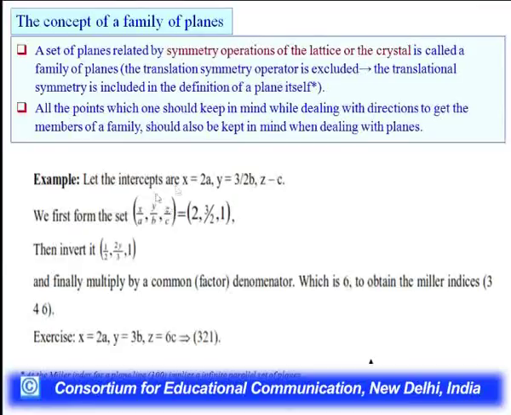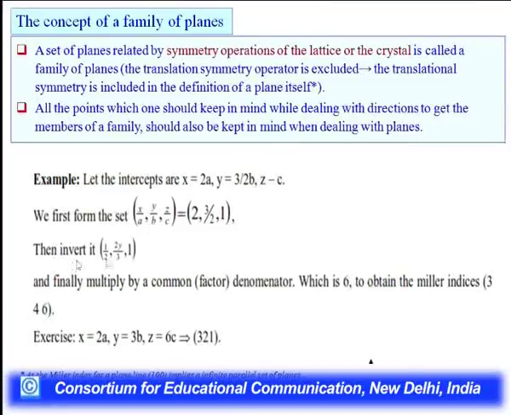Now we again take one example. The intercepts can be defined as x equal to 2a, y intercept 3/2 b, z equal to c. Now we first find the form of the set. It will be x by a, y by b and z by c. Taking the intercepts from this, we have 2, 3/2 and 1.